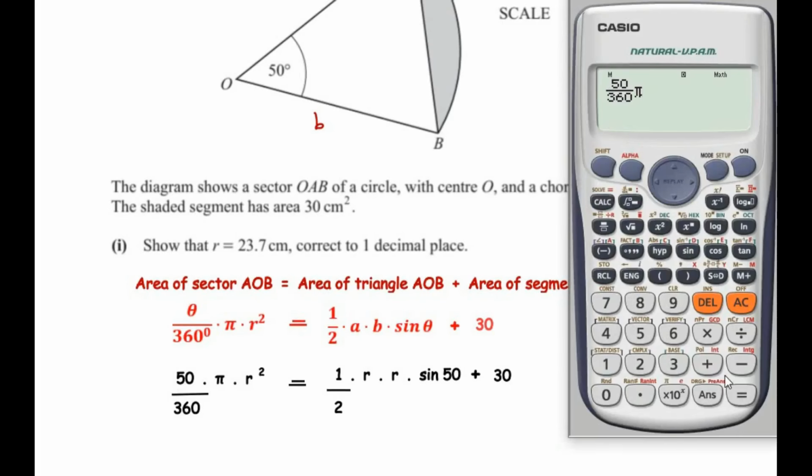Since this is an intermediate step, take at least 4 to 5 decimal places to get an accurate answer. So 0.4363 r square is equal to, now let us see what 1 over 2 times sine 50 gives us. So this is going to give us 0.3830. So we have written here 0.3830, r times r becomes r square, plus 30.